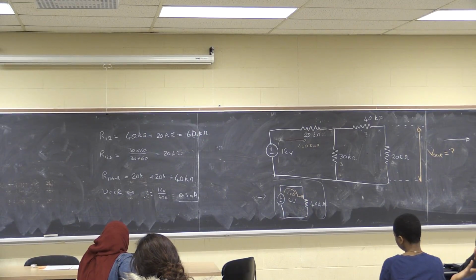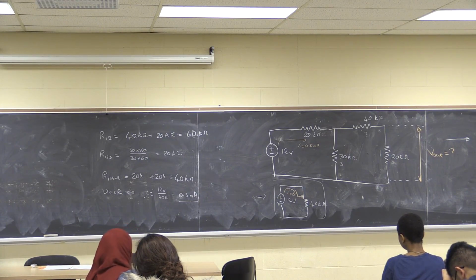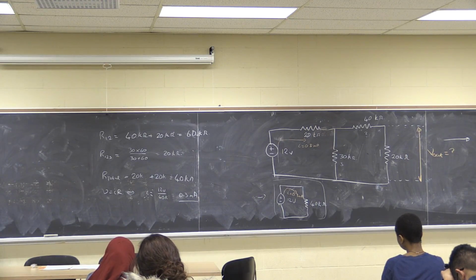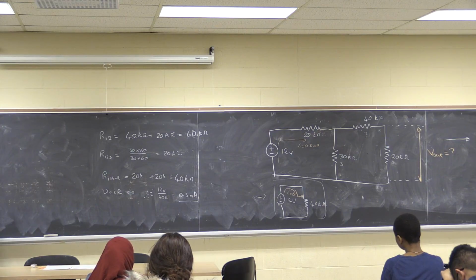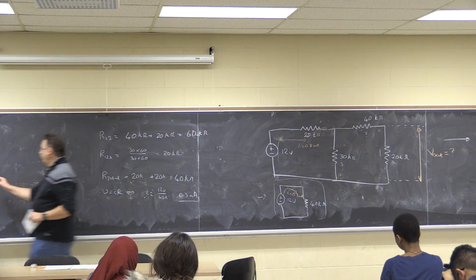And I know that the voltage across the first resistor is 6 volts, and I know across this parallel combination the voltage drop is also 6 volts. That's what I did in the bottom right over there. So this is my 20K. This is my 30K.